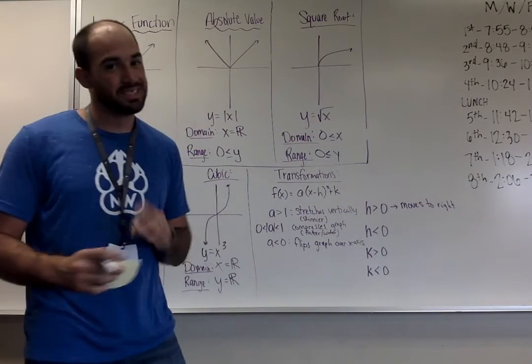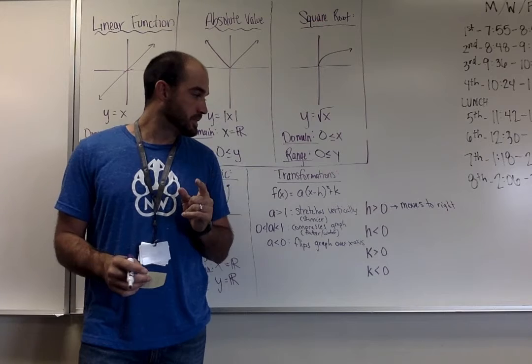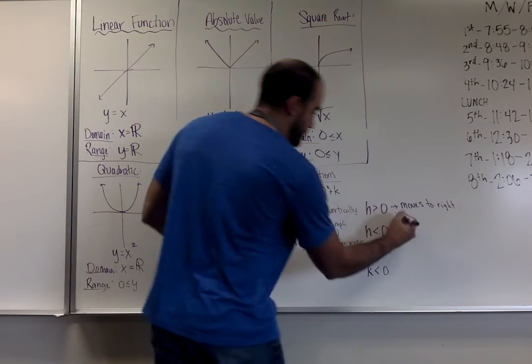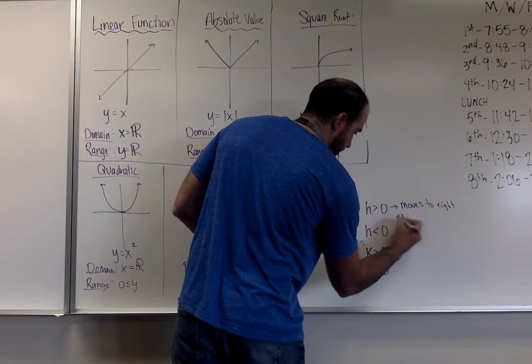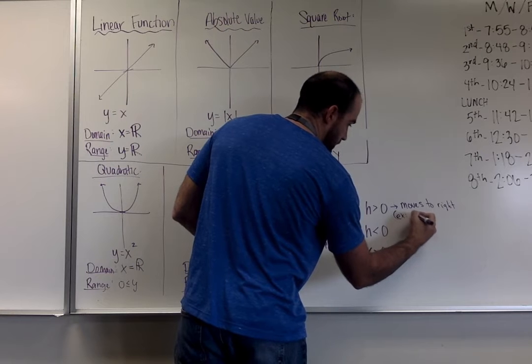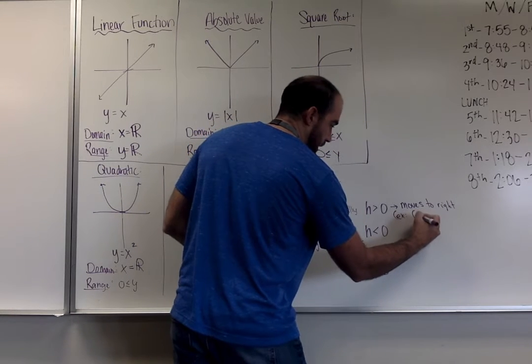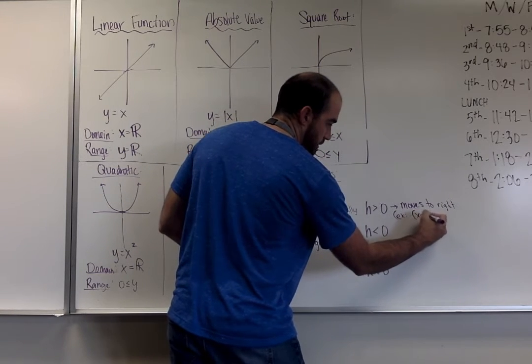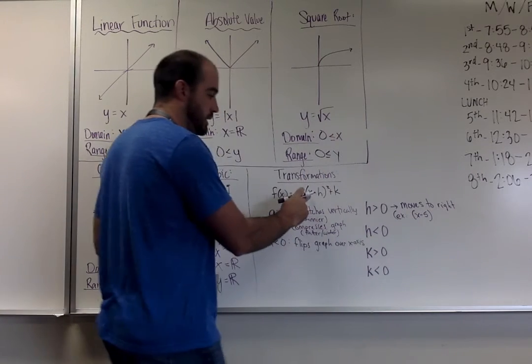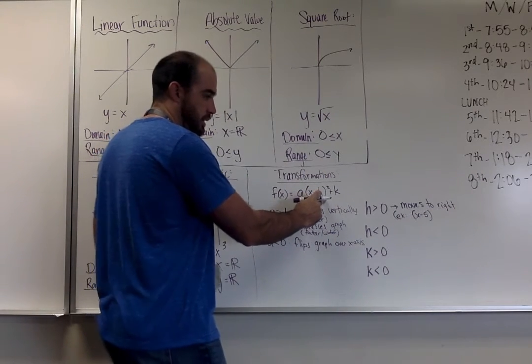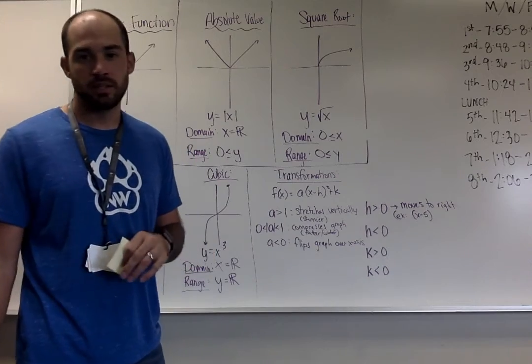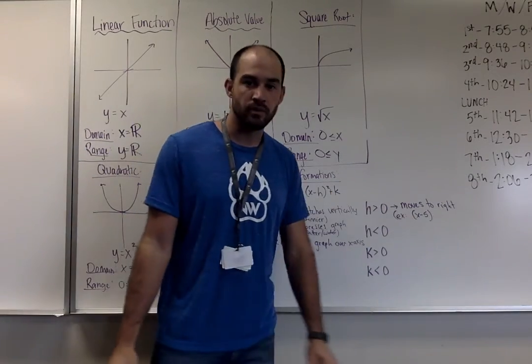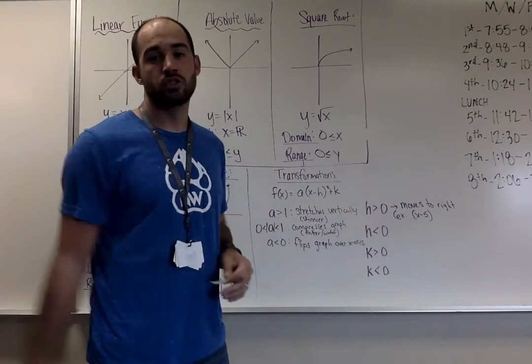What this looks like, and this is the confusing one, this is what people make mistakes on the most. So I'm going to put an example. Inside my parentheses, I'll have x minus 5. Our formula here says x minus a number. So if I plugged in a positive 5 into there, it would look like x minus 5. So that's actually going to move my whole graph to the right.